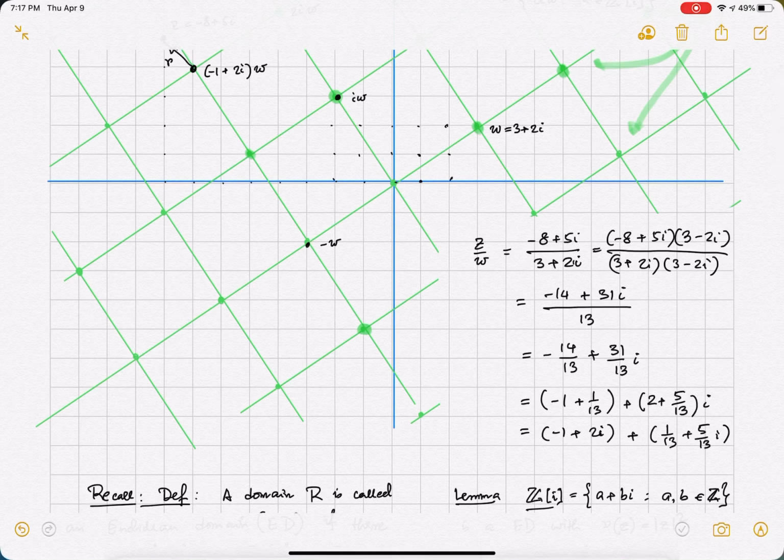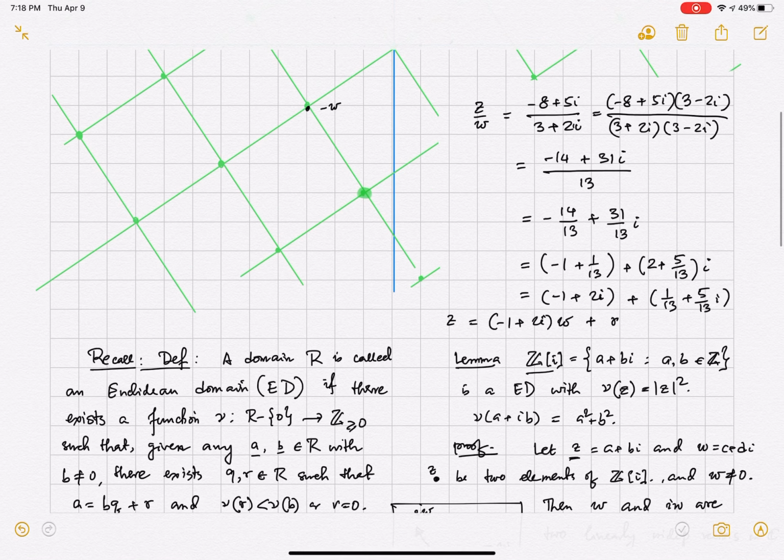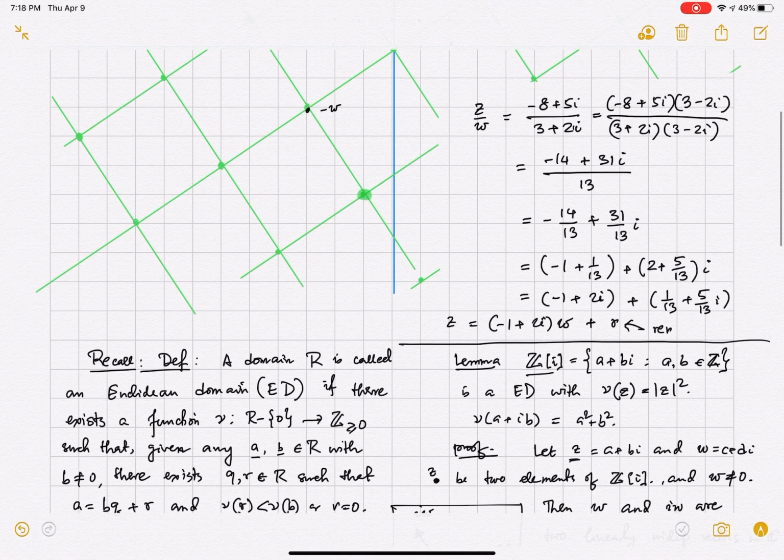So now I have written z as minus 1 plus 2i times w plus another guy, r, which is in magnitude smaller than w, so this is the remainder. Which is this number times w.